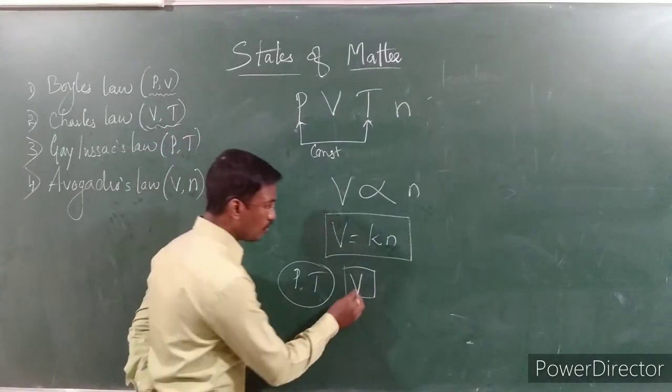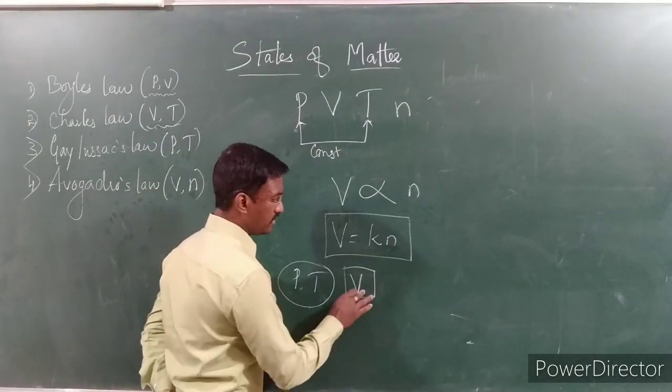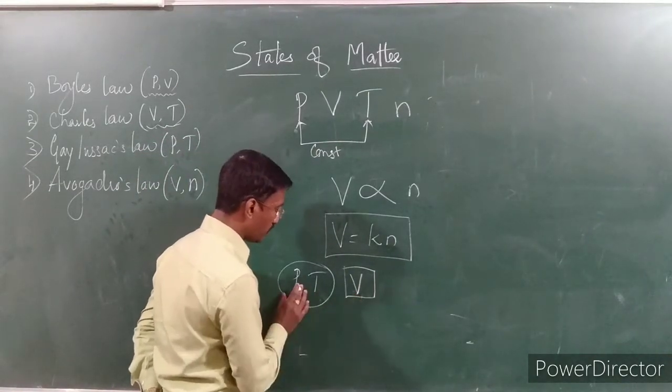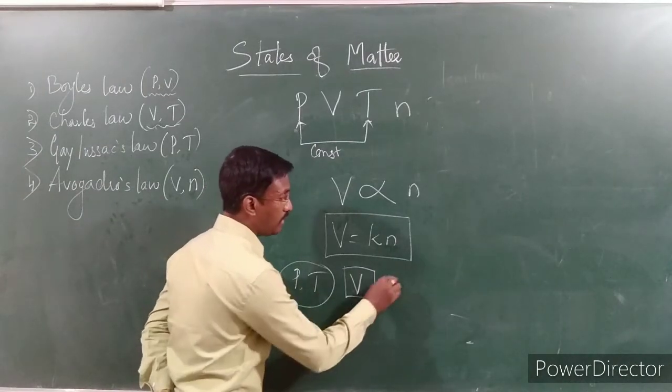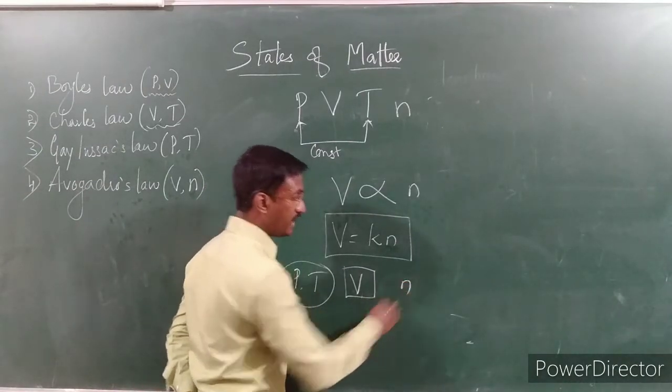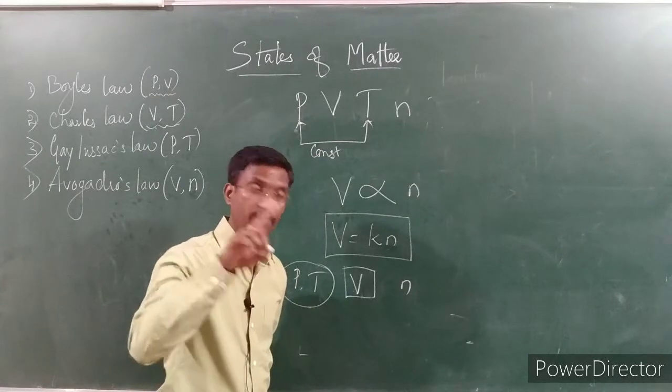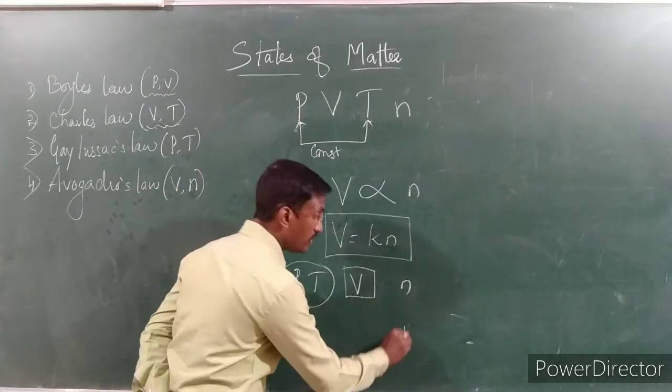Means when the volume is V1, take that the volume is constant at the given pressure and temperature. At that time, how many moles n are there? The same n remains.